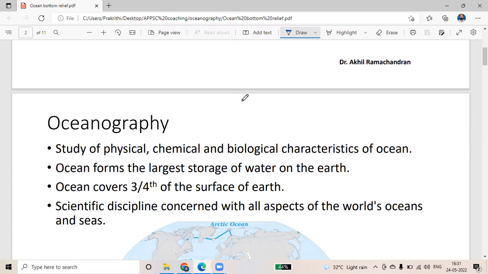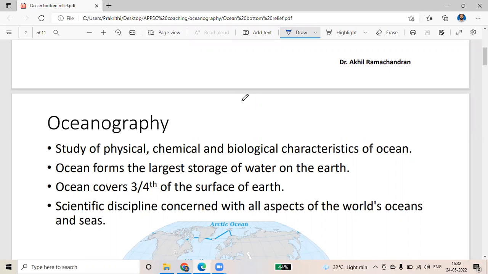Anything that we study relating to the world's oceans or the seas or the associated features, we can say it is oceanography, like climatology, like geomorphology. This oceanography is the third important part of physical geography.